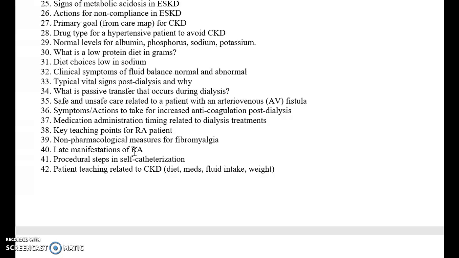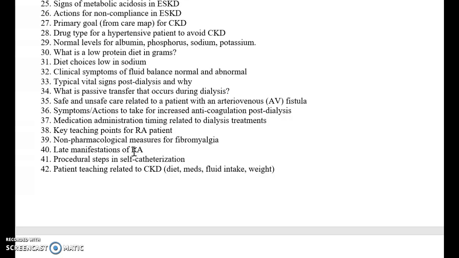So just really look through that in terms of what does your book talk about that would be key, that you would educate a patient about the disease itself. What is it going to lead to? How is it treated? Those kind of things. There are some non-pharmacological measures that are given or provided.